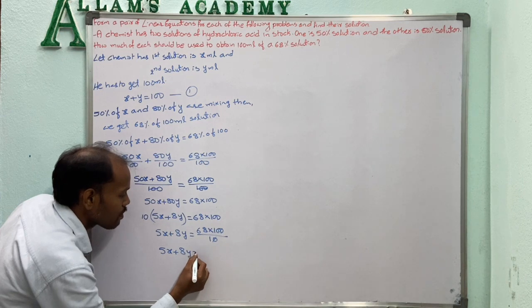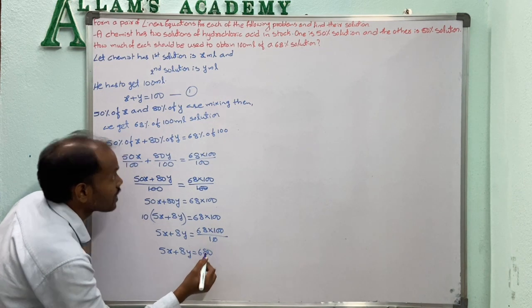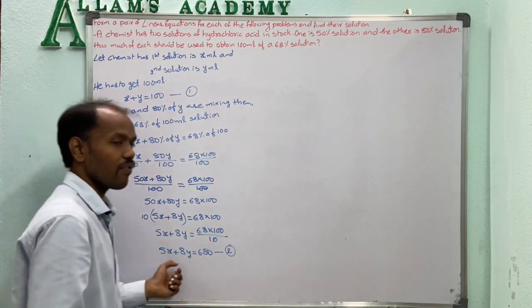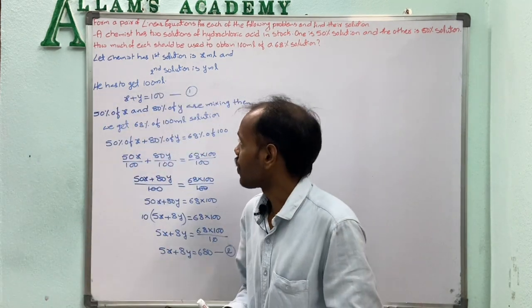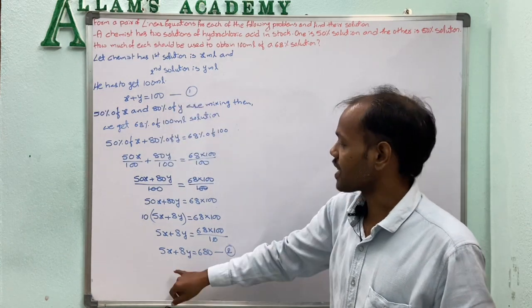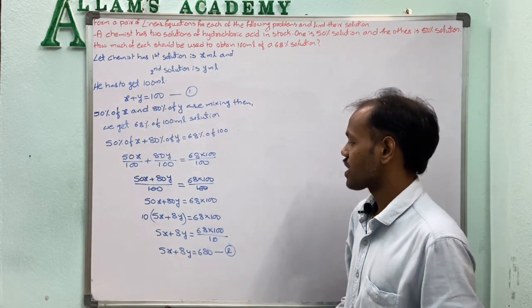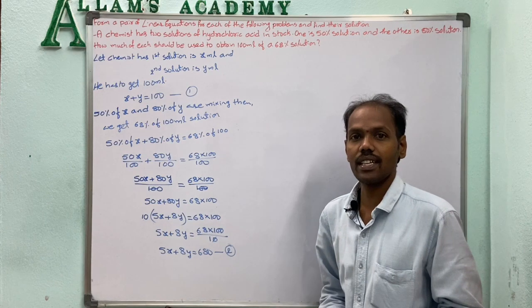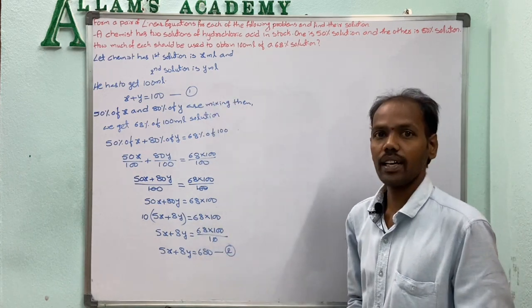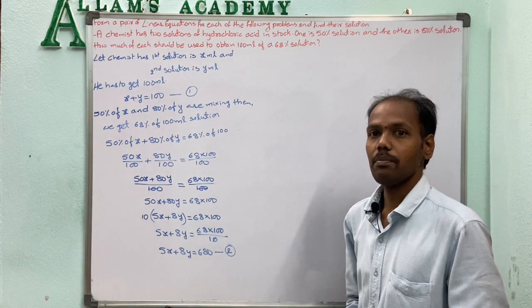So 5x plus 8y is nothing but 680. It is the second equation. Now we have the first equation, x plus y equal to 100, and the second equation 5x plus 8y equal to 680. Now both the equations are solved through the elimination method.